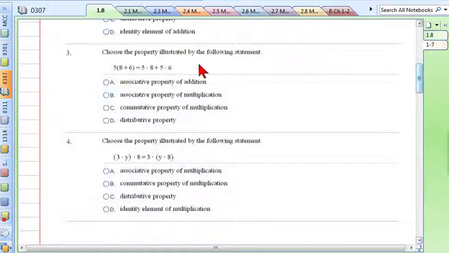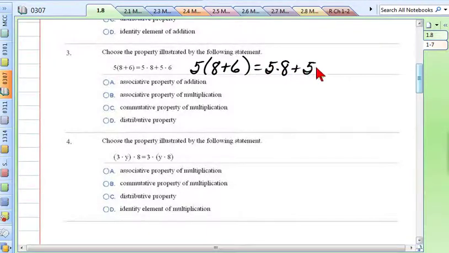Next one. It has 5 parentheses 8 plus 6 is equal to 5 times 8 plus 5 times 6. That is distributive. What it doesn't show, but you recognize happened, is that 5 got multiplied or handed out to each of those. So it is choice D, the distributive property.